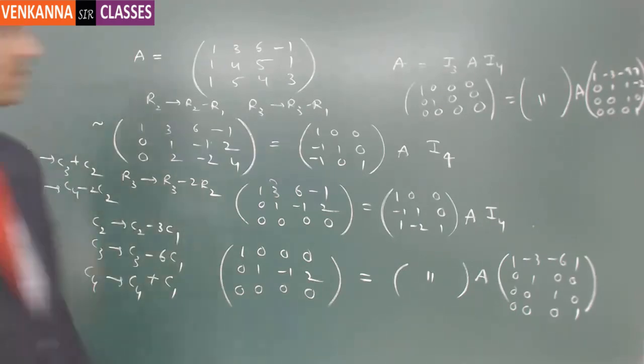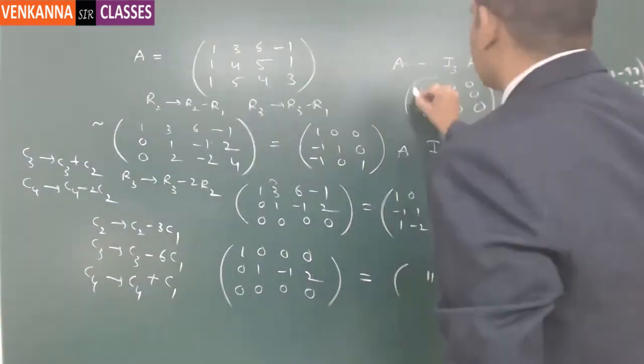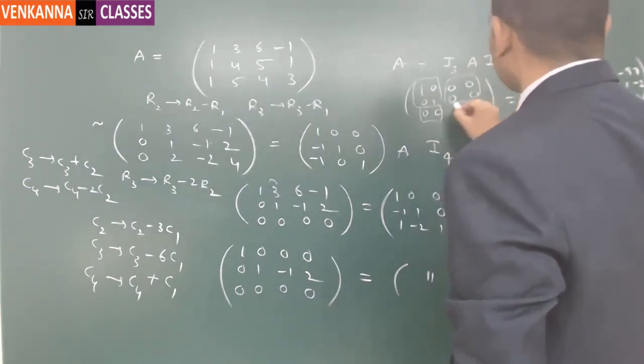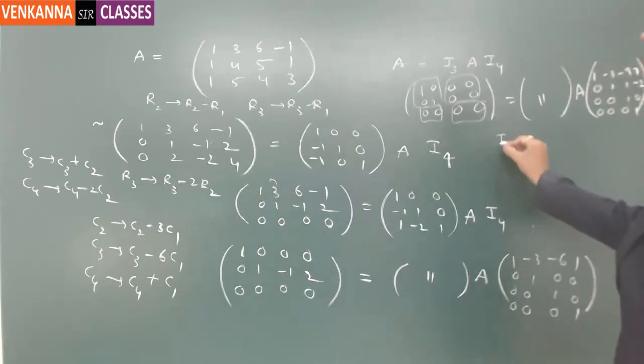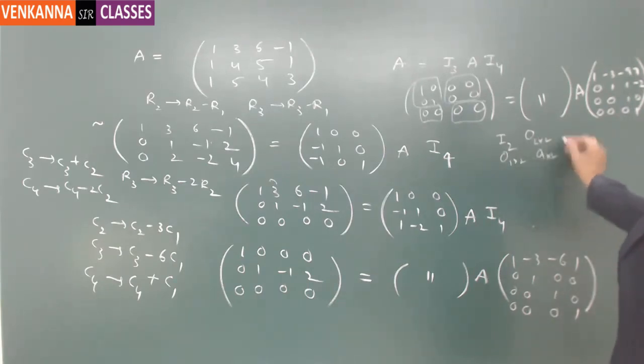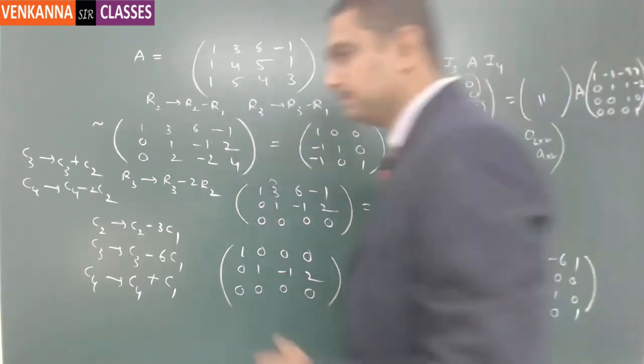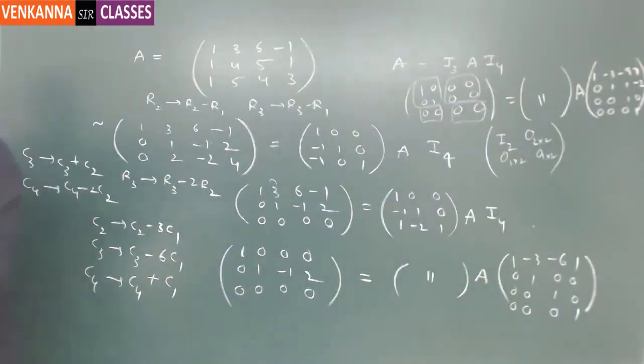So here if you observe, this is the form of IR00. So I2, 0 matrix of order 2 by 2, 0 matrix of order 1 by 2, 0 matrix of order 1 by 2. This is what you got here.